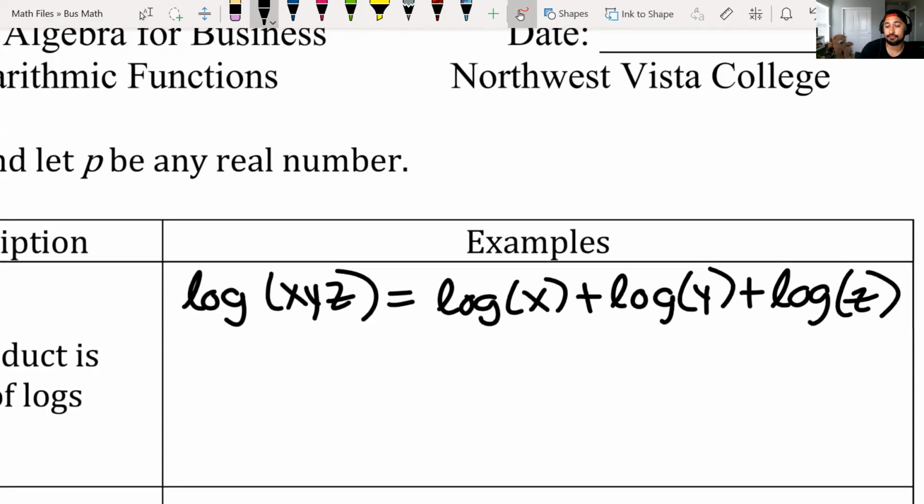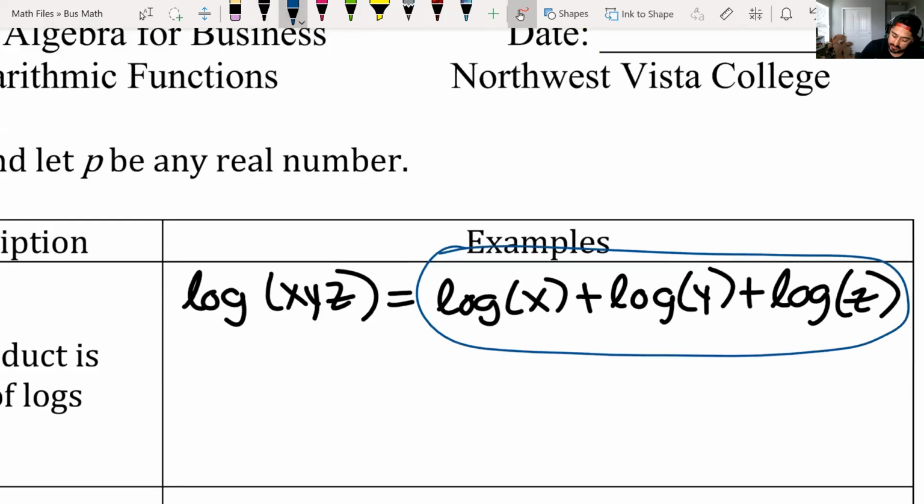That's how that works. And remember that we can also work it backwards. I can take log x, log y, log z, and put it back into a single log of x, y, z. So these properties can be worked backwards.